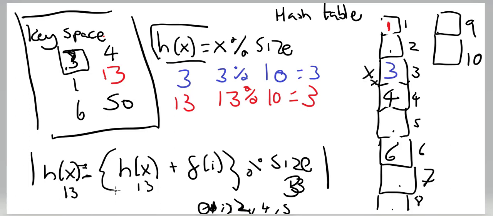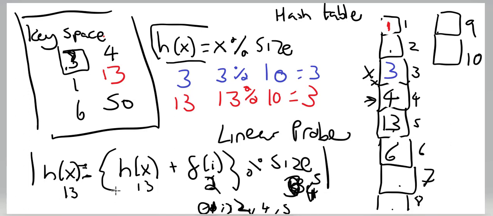We run this formula again. 13, i becomes 1. Another collision. I increment by 1. 13 plus 2 is 15, mod 10 gives us 5, and that's where we're going to put the 13. So basically we deal with the collision by doing a linear probe. No longer are we going to be using the old formula as our formula. This will be our formula.